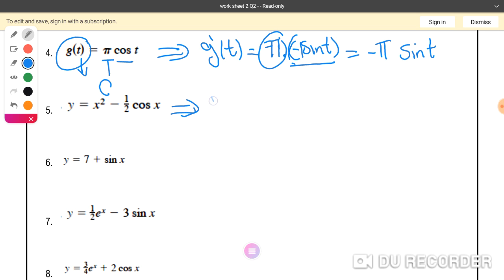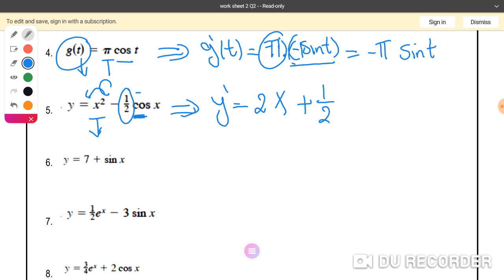What is the derivative of this one? y prime will be: what is the derivative of the first term? It will be 2x, apply the power rule, 2x to power 1. Minus, don't forget, the derivative of this one will be negative. Negative multiply negative will be positive. That is for the sine. Constant.